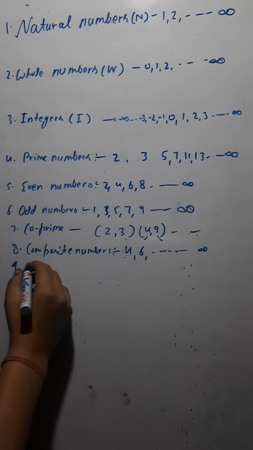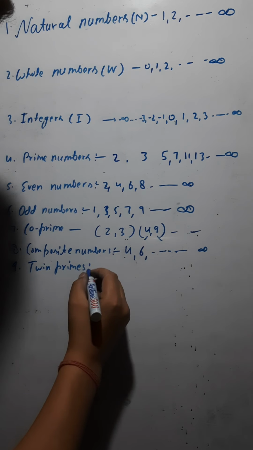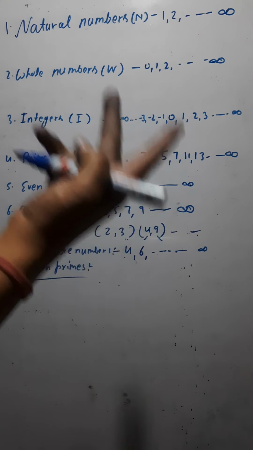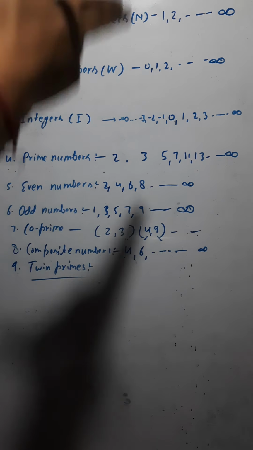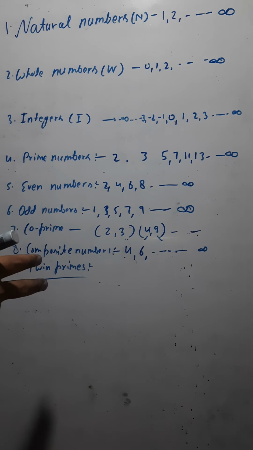Now let me tell you about twin primes. What are the twin primes? Two numbers are said to be twin primes if both are prime numbers and there should be one composite number between them.